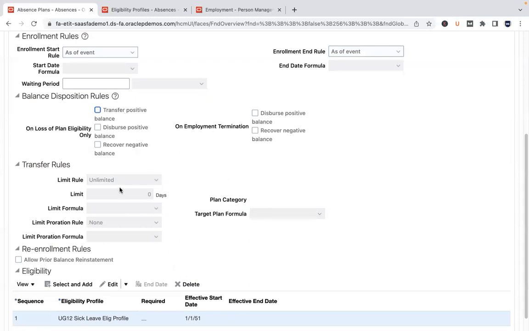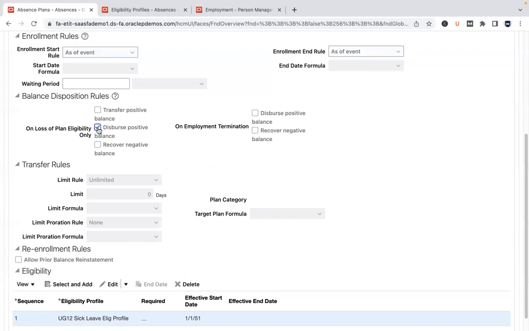Or disperse positive balance. Meaning if your salary is 100 USD per day, to keep it simple, and you have 4 days of leave, then you get 400 USD.